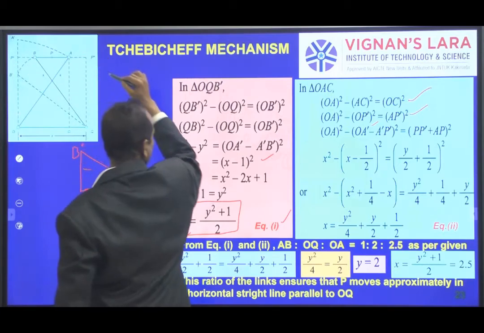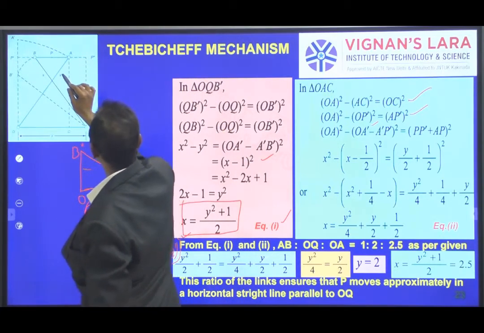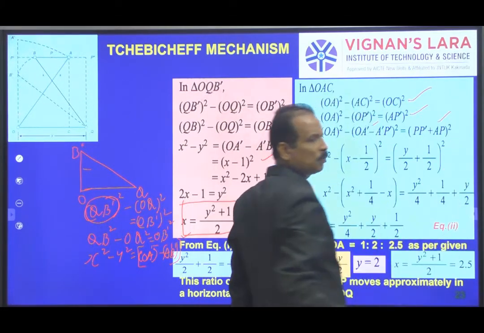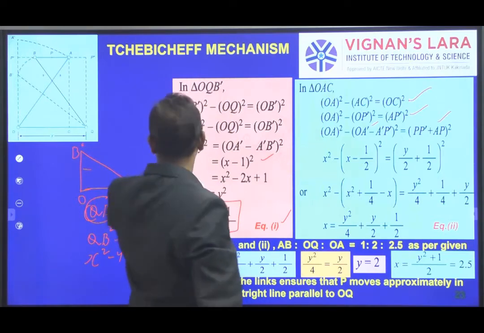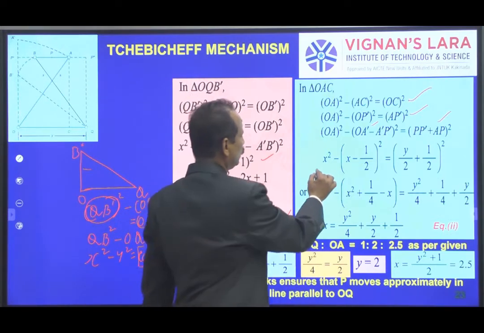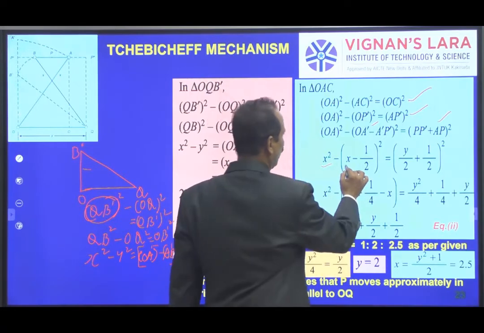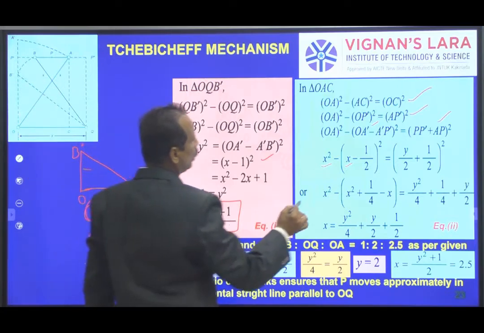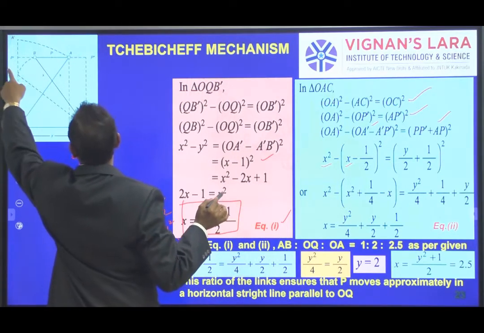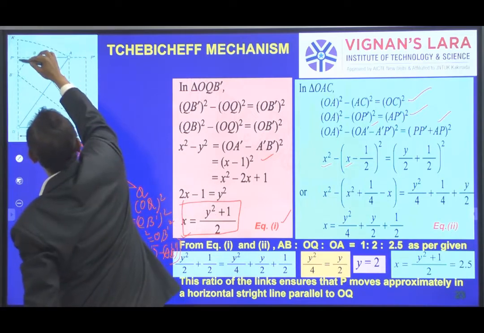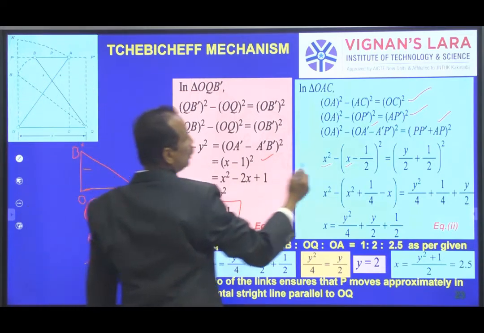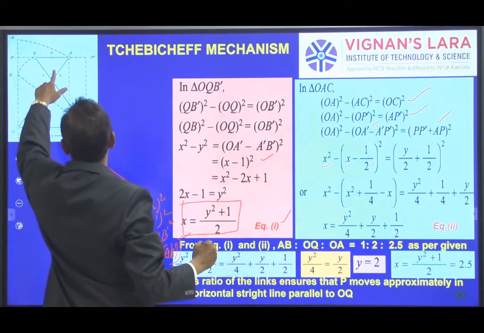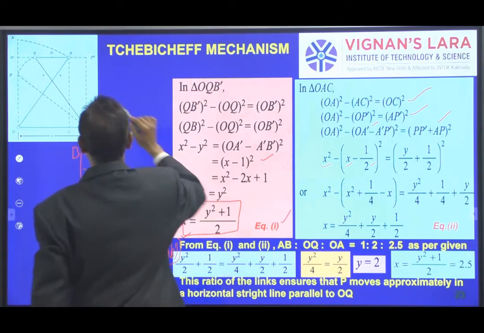AP dash can be written as PP dash plus PA dash. So what is OA? We know OA is equal to X. Of course OA dash is also X. Then if AP is 1 unit, then this is A dash P dash, half of it at the middle. So this is half. Then PP dash, which is nothing but this is the PP dash.